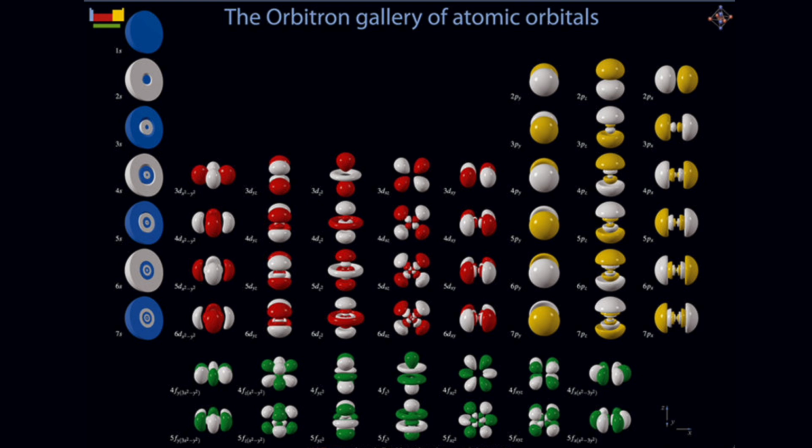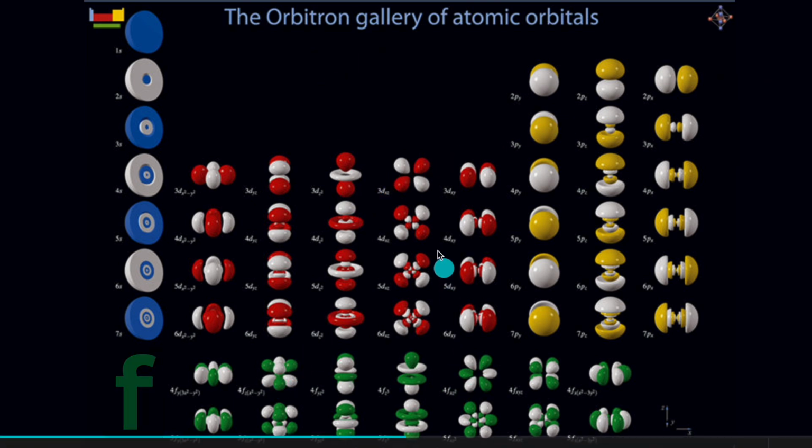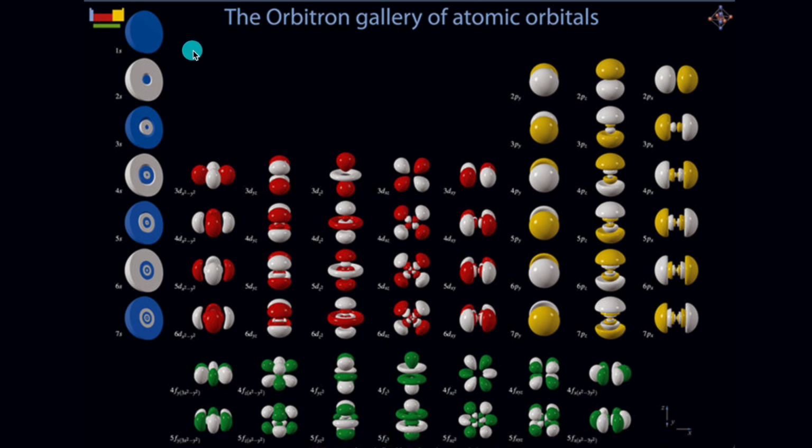Now, when I bring this up, this looks really confusing. We have 4 different types of orbitals: S, P, D, and F. All these orbitals really tell us is that there is a high probability that the electrons will exist in these locations.